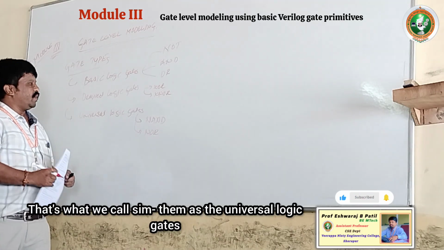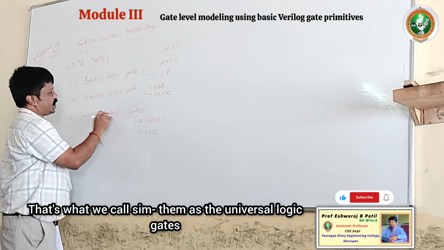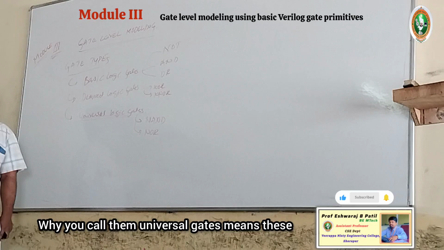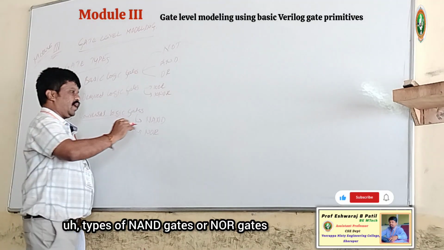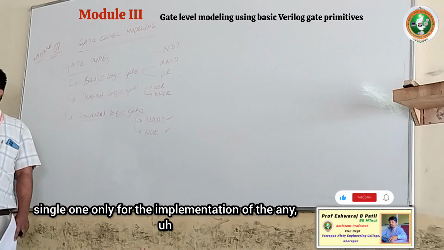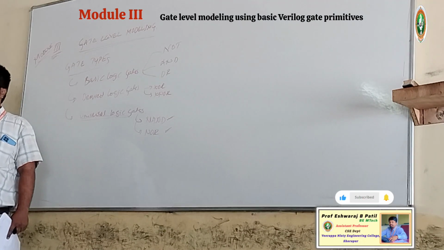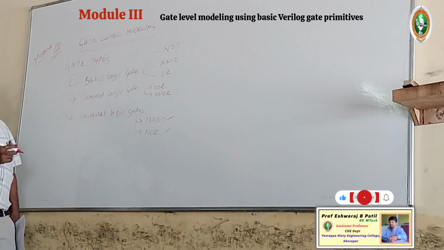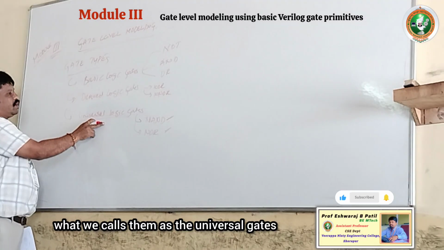That's why we call them universal logic gates: NAND gates or NOR gates can be used alone, a single type, for the implementation of any digital system or circuit. That's what we call universal gates.